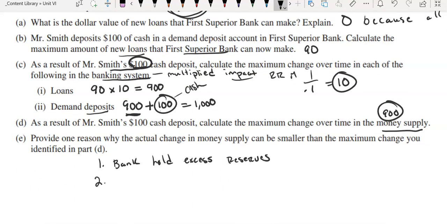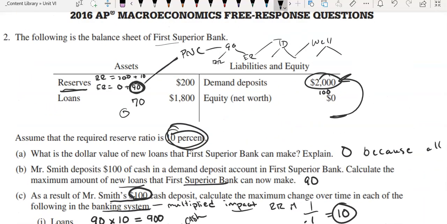Two, in order for the other banks to get the money, the consumers need to deposit it. So if consumers hold the cash and don't put it back into the system, that's going to weaken it, right?